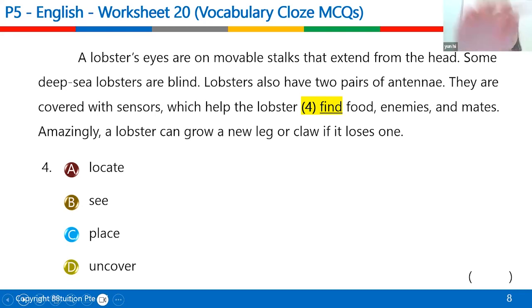Locate. Because it's finding. It's not really seeing or observing, so it's to locate. Amazingly, a lobster can grow a new leg or claw if it loses one. Do you know that? That's why some lobsters have one big claw and one small claw, because the small claw has just grown out.